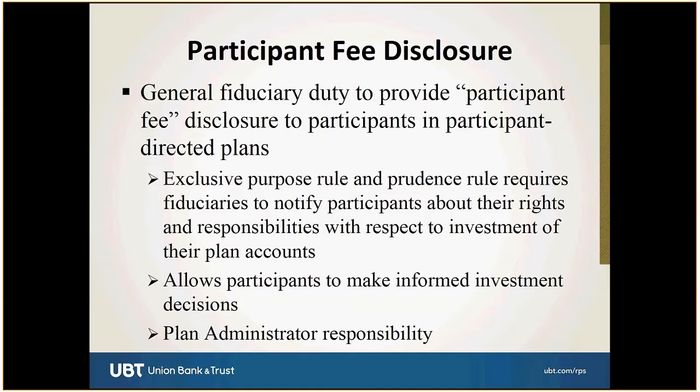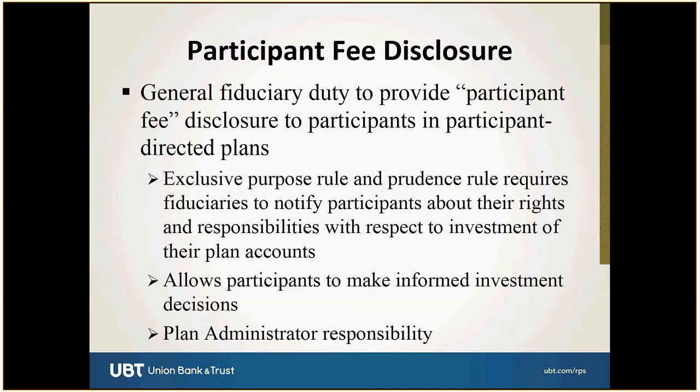And this participant fee disclosure really has a couple of different purposes, I guess, in that it's fairly new. And what the Department of Labor said a few years back is that if you have a participant-directed plan, then you need to provide your participants with enough information to let them know how to make an informed decision about how they invest their plan benefits.